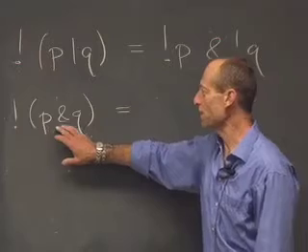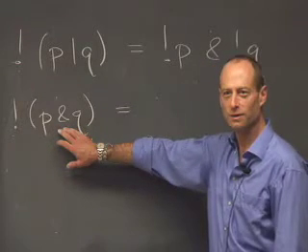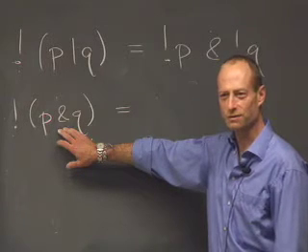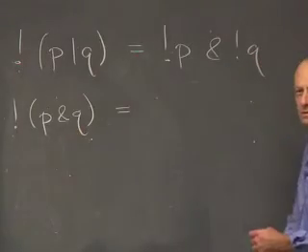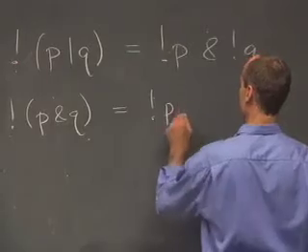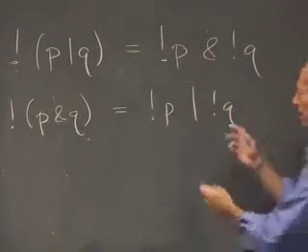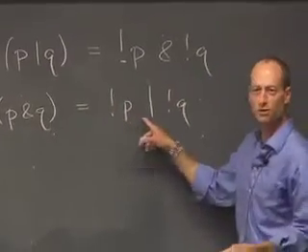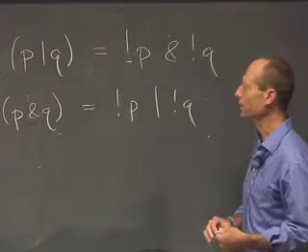So the negation is going to be false when they're both true, and true if either of them is false. So that looks like not P or not Q, right? There's sort of parens around this, except that negation takes precedence over these other operations, so we don't need to write them.